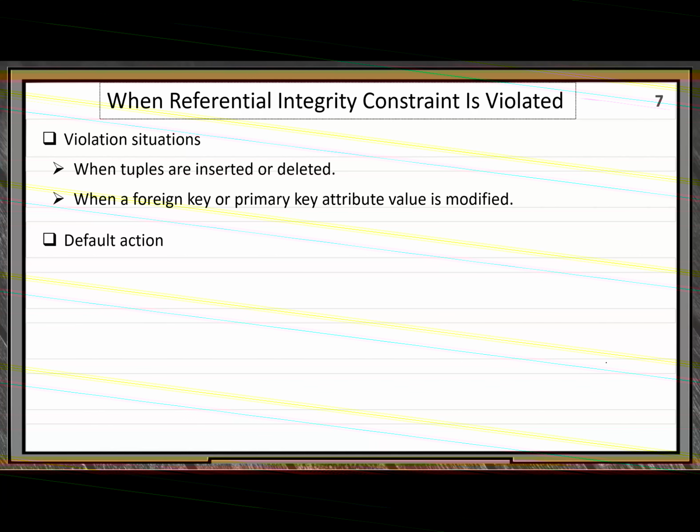Default action. There are several possible actions the DBMS can take, but if you do not tell the DBMS which particular action to choose, it will use a default action. So what's the default action? Reject the update operation that will cause a violation.